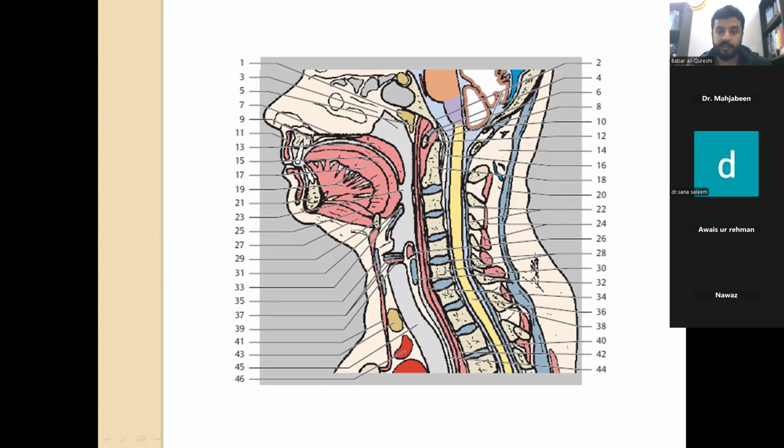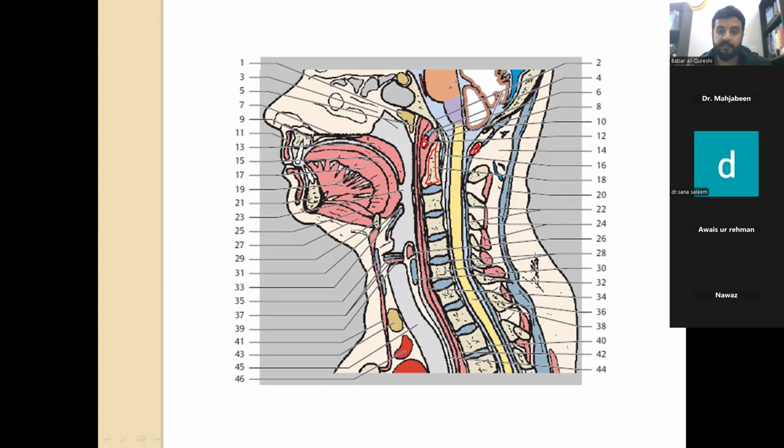You can start identifying the MRI from the dens. When we are looking at the MRI of the cervical spine, first of all, let's appreciate the dens. And just anterior to this dens or the vertebral body of C2, we can see the arch of C1. This is C1, the posterior arch of C1.